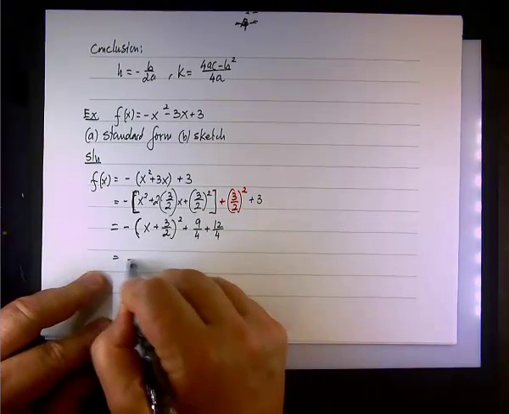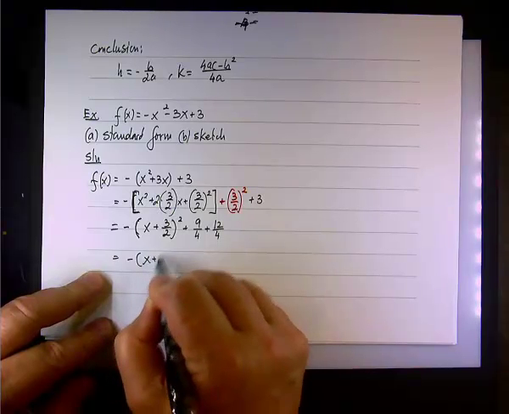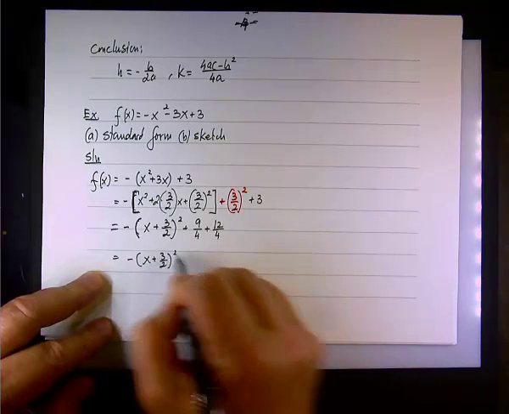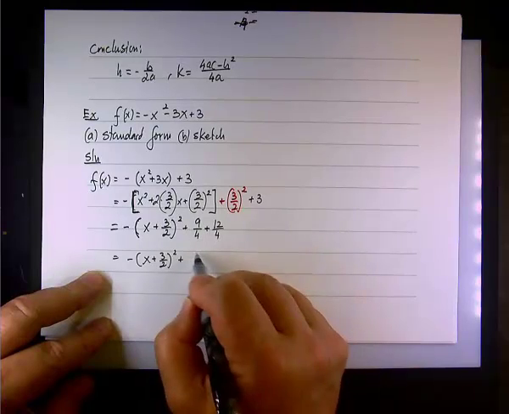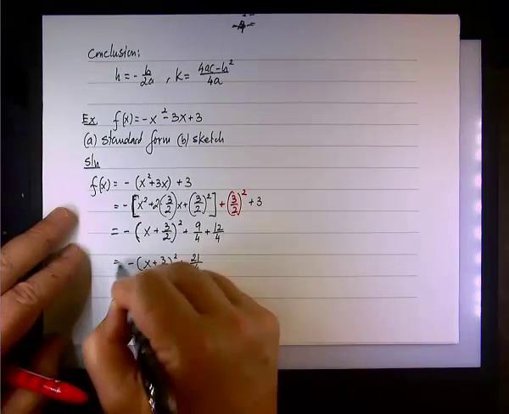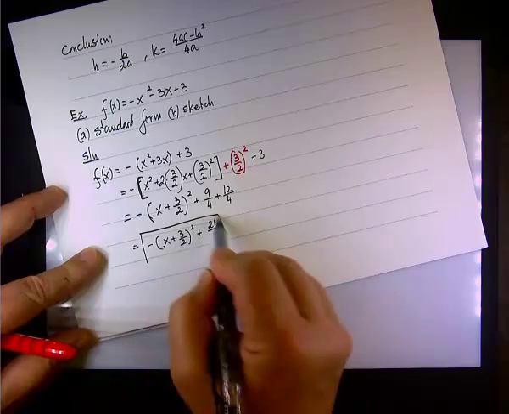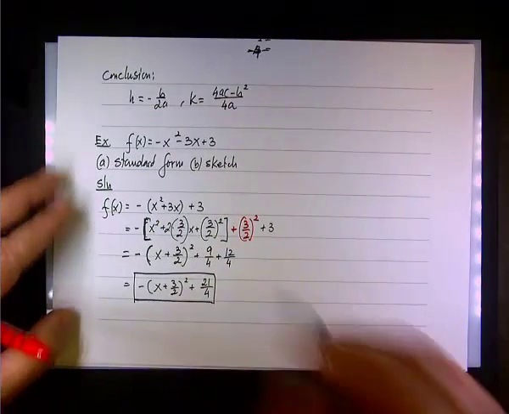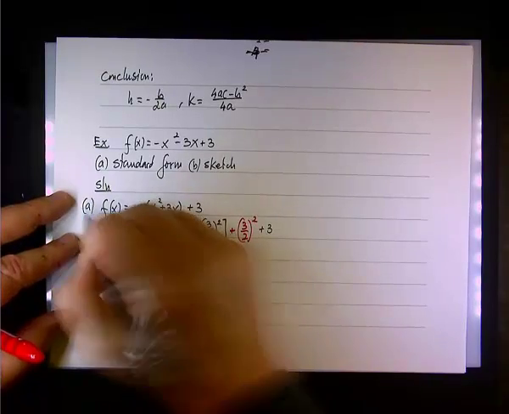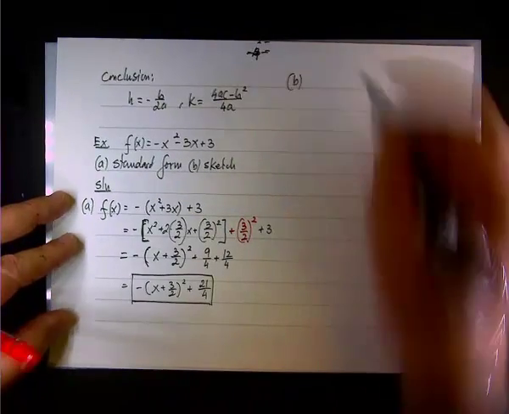So I can write it as 12 over 4, and finally write it as negative x plus 3/2 squared plus 21 over 4. So this was part A.